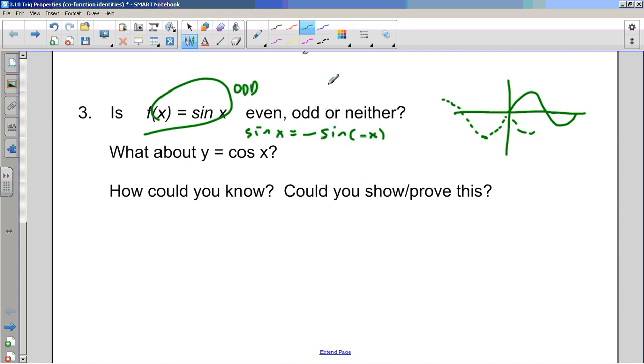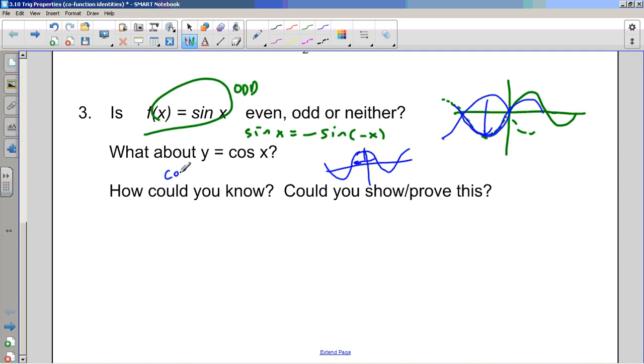When I flip it in the direction of x and then the direction of y, I get the original graph back, right? That's what odd means. Similarly, cosine is even because when I flip it over the y-axis, it's symmetric.